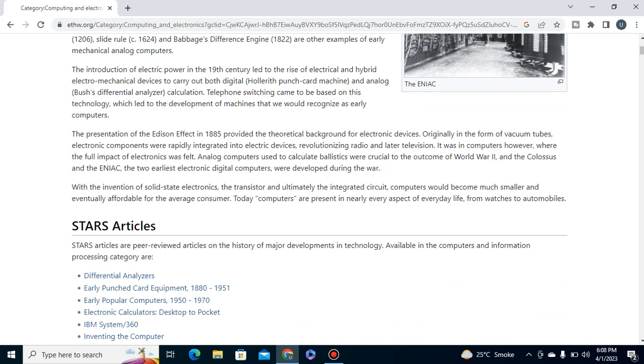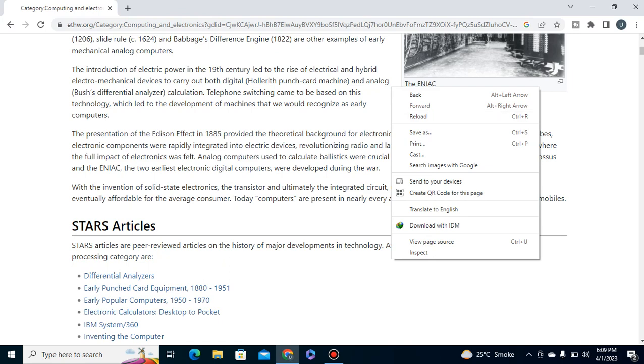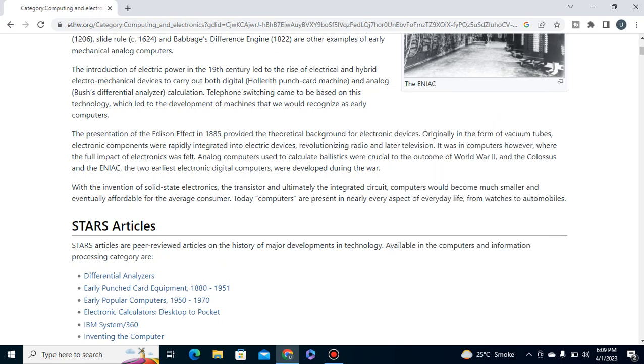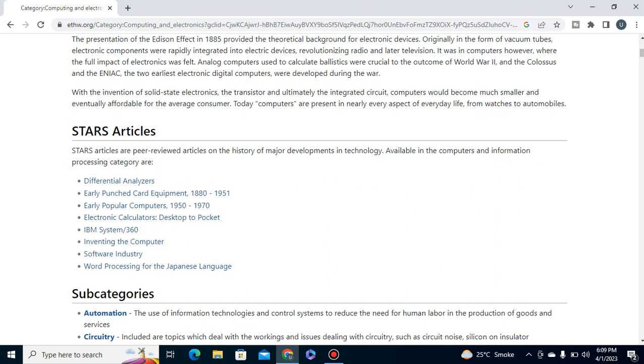They are: differential analyzers, early punch card equipment 1880 to 1951, early popular computers 1950 to 1970, electronic calculators desktop to pocket, IBM System 360 inventing the computer, the software industry, and word processing for the Japanese language.